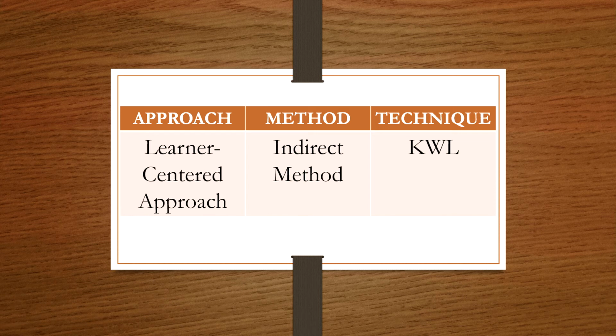In applying the indirect method, you have to employ techniques that allow more time for students to talk and perform activities like KWL, which will allow them to tell us what they know, what they want to know, and what they have learned.